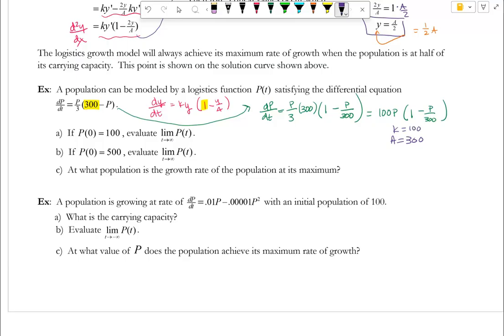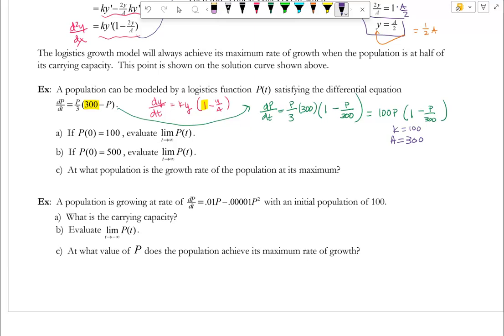So our first question, if P of 0 equals 100, we are asked to evaluate the limit of P as t approaches infinity. So P of 0 equals 100. 100 is between 0 and our carrying capacity of 300.